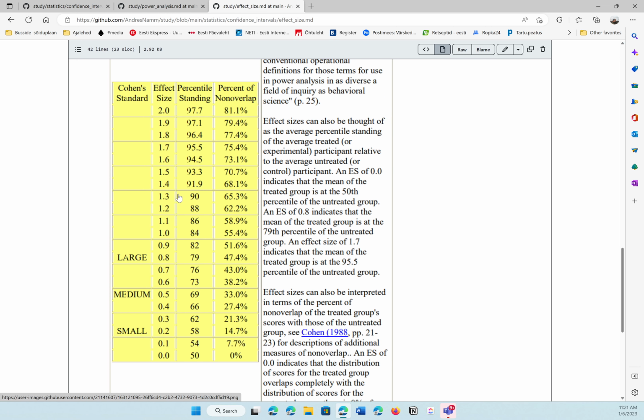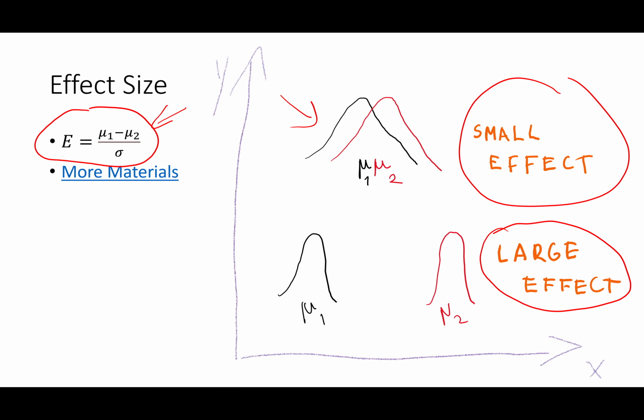And this effect itself can be translated into something very interesting, something called the percent of overlap, or non-overlap, between two distributions. So you can think of this as if you have two distributions as shown here.